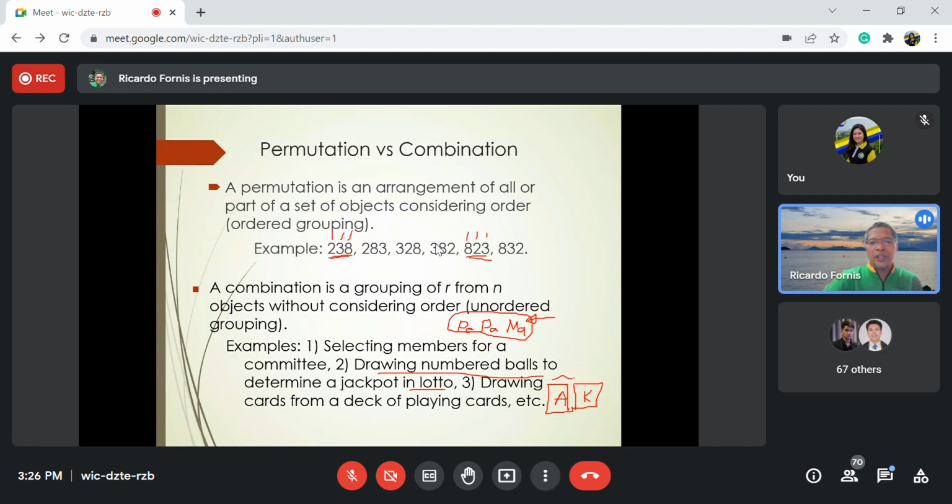That's not different. The king and ace is still the same as ace and king if you are just interested in what his cards are. These are examples of combination.